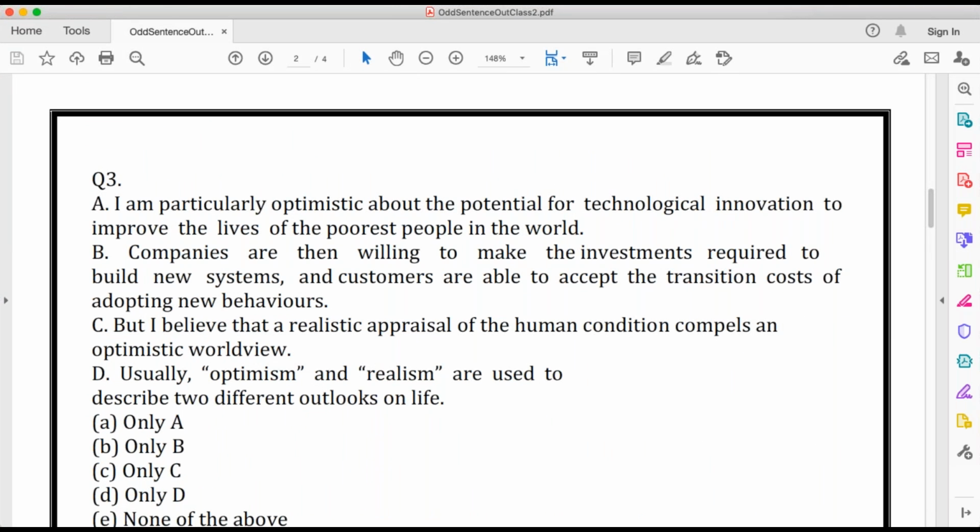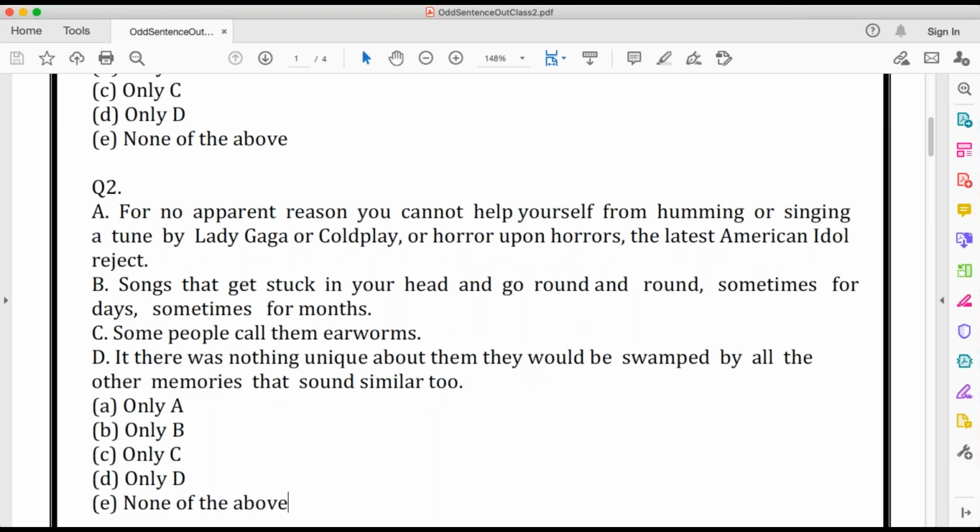Question number 2. Yes, Vanshika, that type could come because that was very easy.